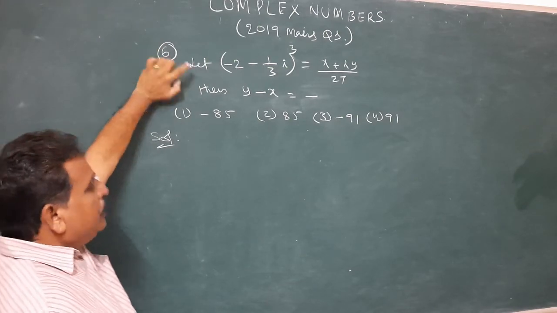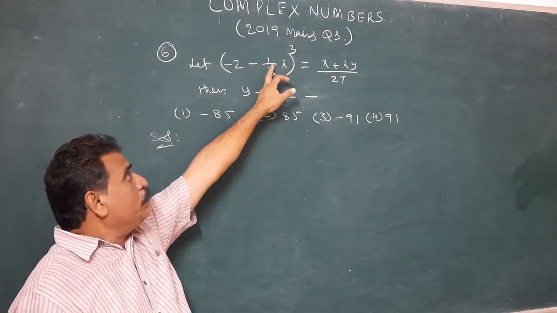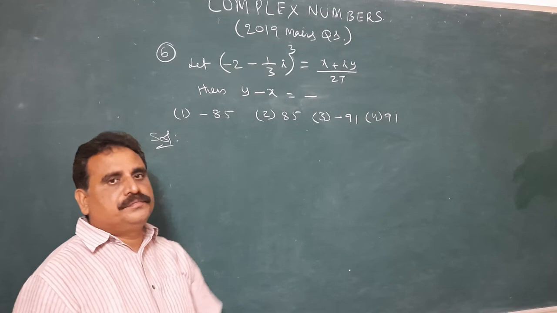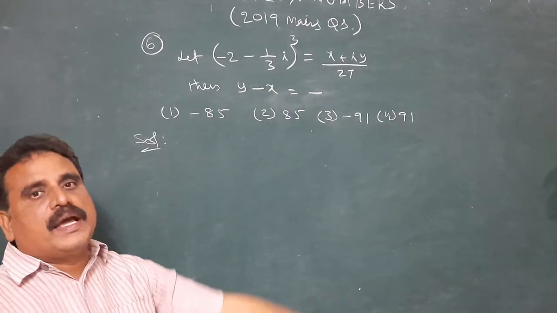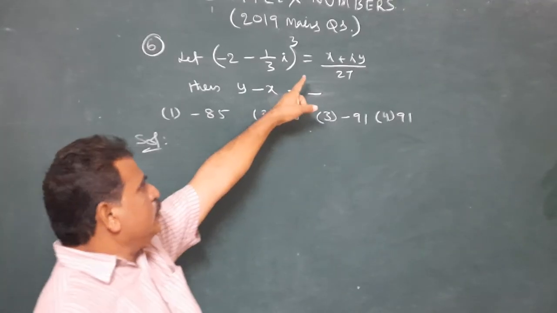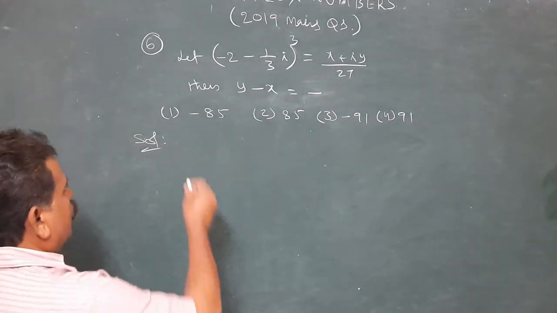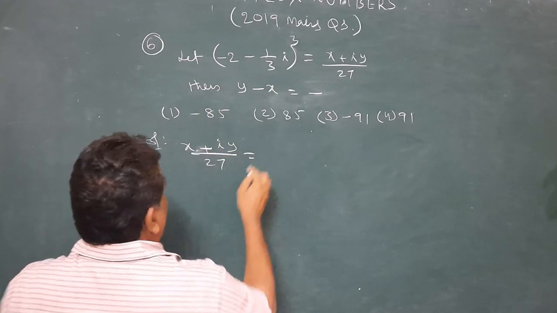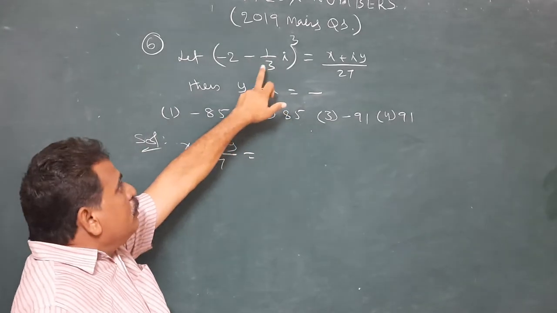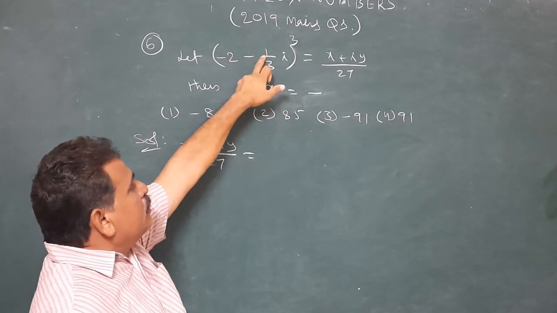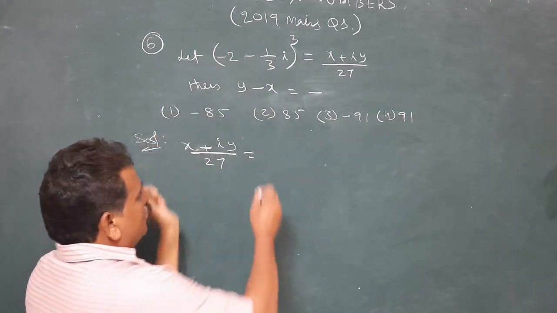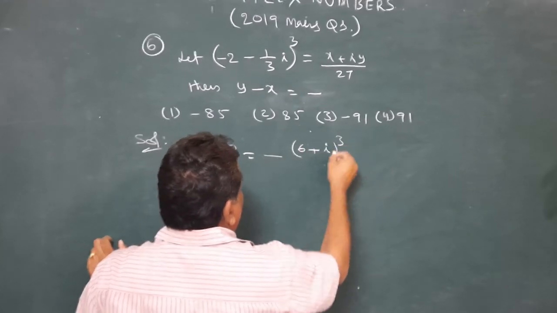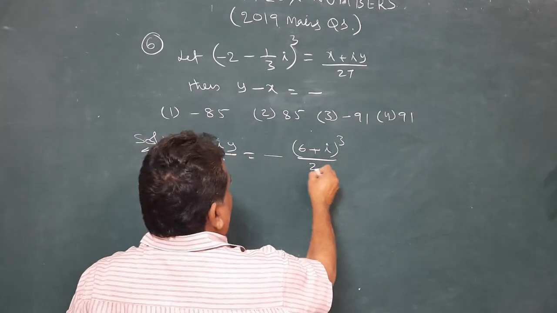Six. Let minus 2 minus 1 by 3 I whole cube equal to x plus iy by 27. Then find y minus x value. Here x is the real part and y is the imaginary part. Now here x plus iy by 27 equal to, look here, taking the LCM, minus 6 minus I by 3, take out minus 1 whole cube, that is minus 6 plus I whole cube by 3 cube, that becomes 27.